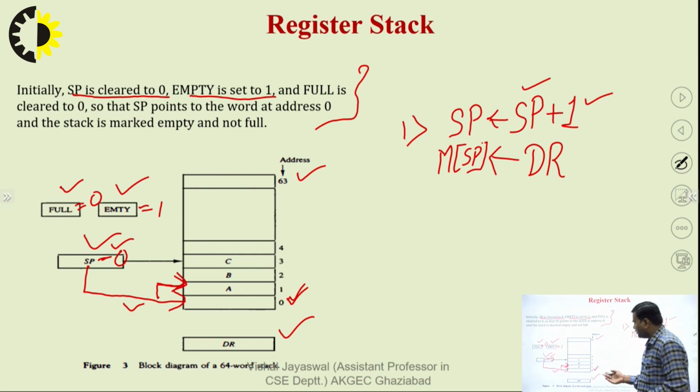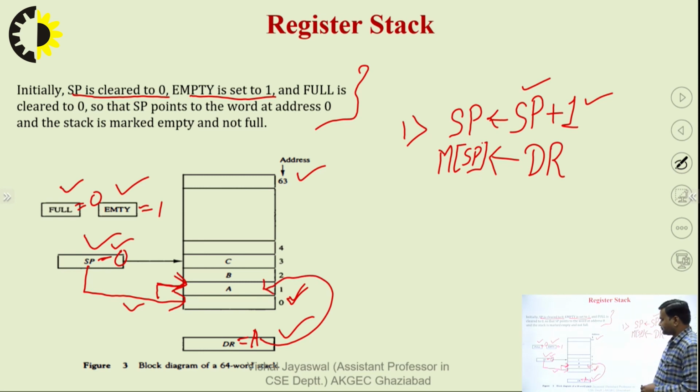If we assume the value of DR is A, that is, A is in the DR register, then the content of DR is transferred to M of SP, which means A is transferred to the 1 location, and A is at the 1 location.